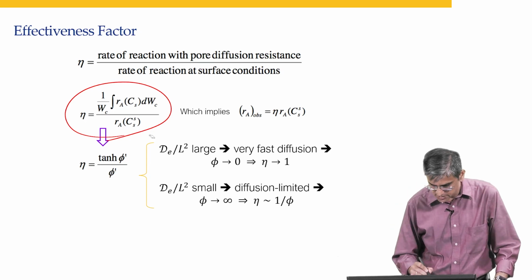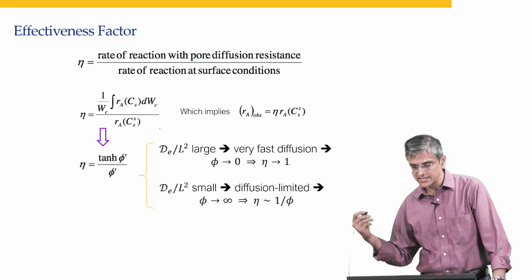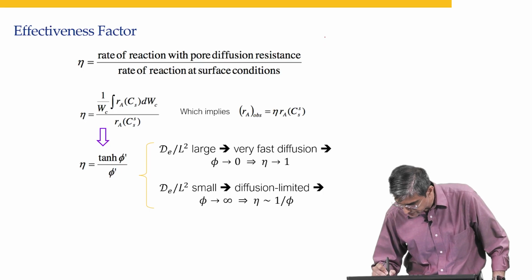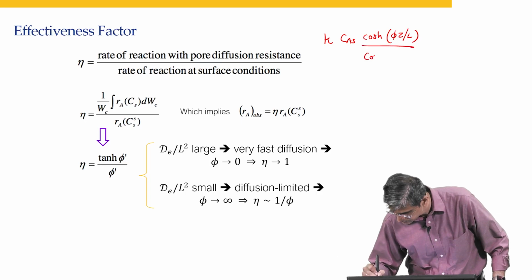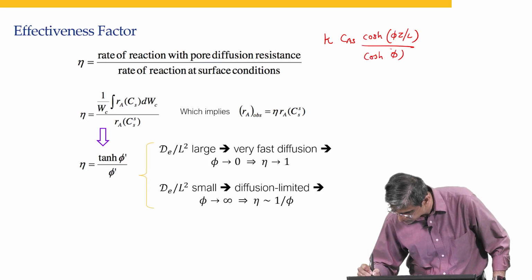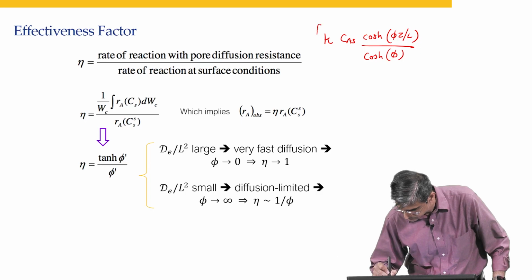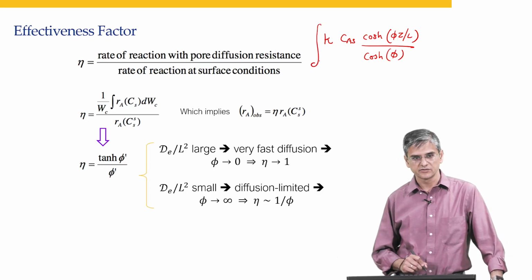Again, what did we do in Excel? In Excel, what we did is K multiplied by CAS, integral of this.